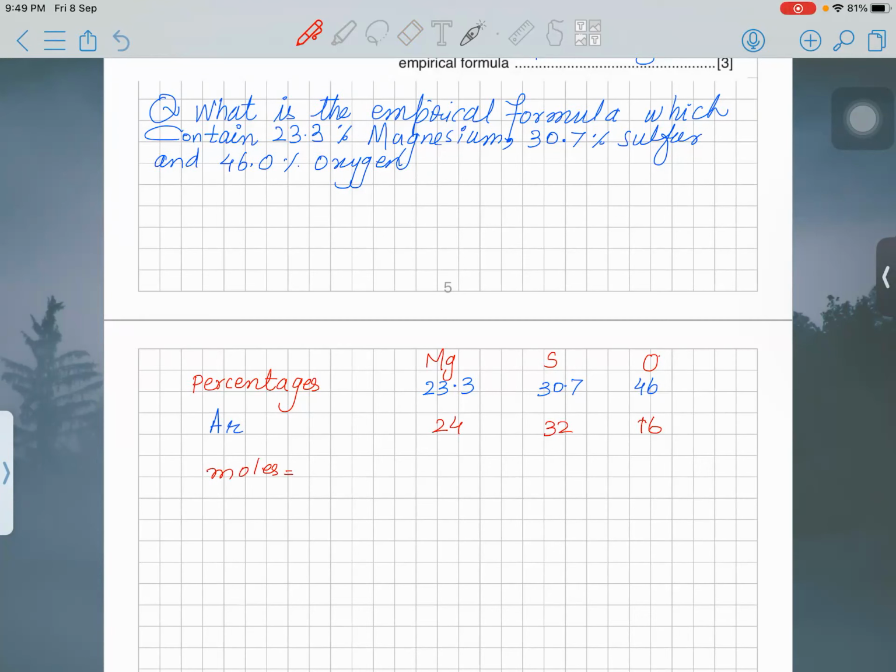Mole is equal to gram over Mr, or gram over AR. So 23.3 divided by 24, 30.7 divided by 32, 46 divided by 16.